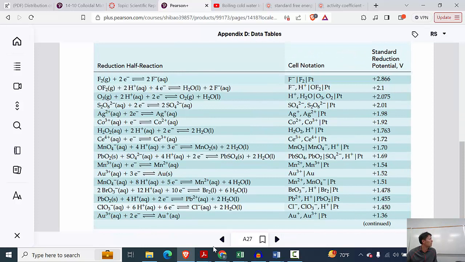And so if you look at gold 3+ plus 3 electrons yields gold solid, do you see this standard reduction potential? 1.52 volts positive. Do you know this voltage is related to delta G?